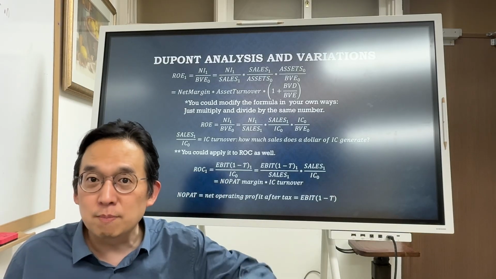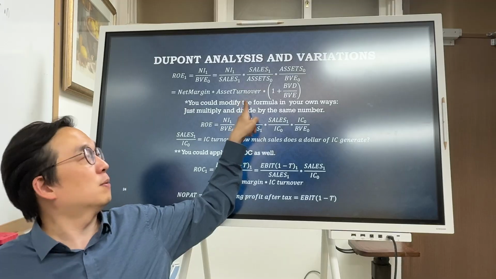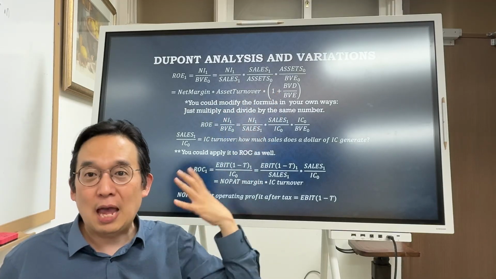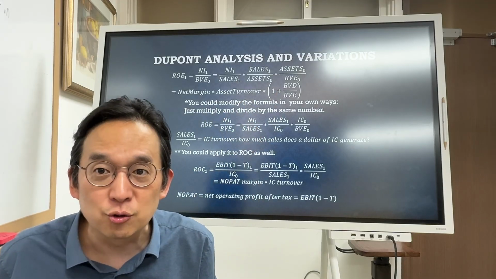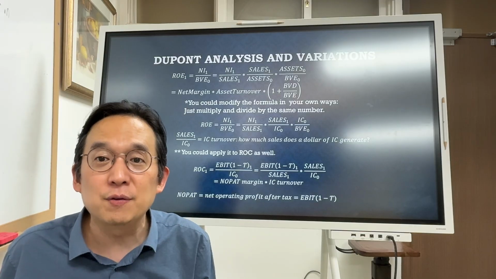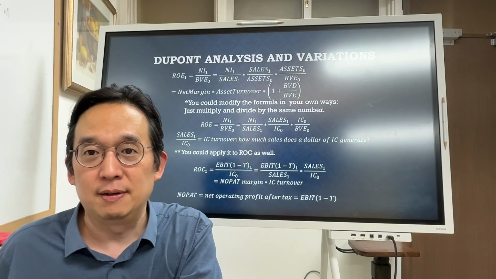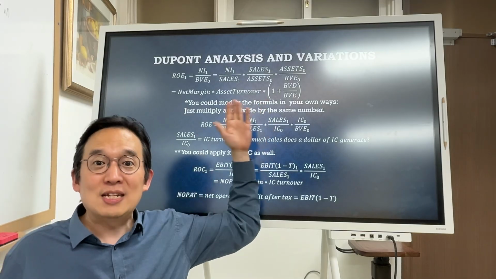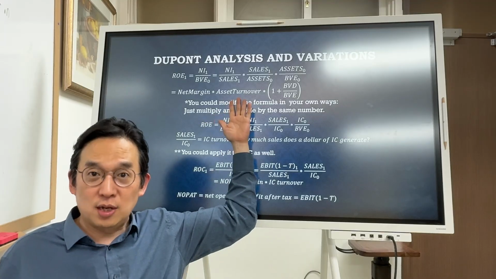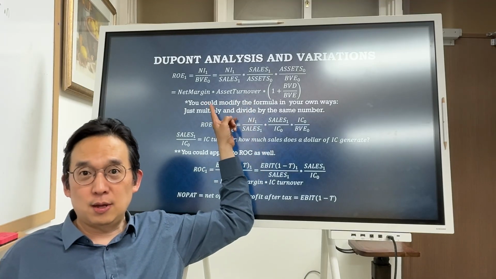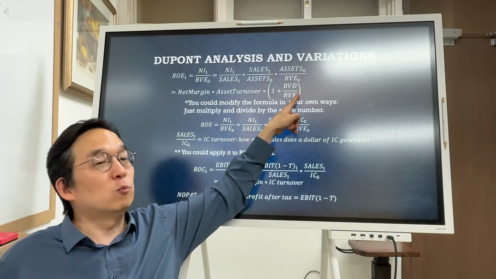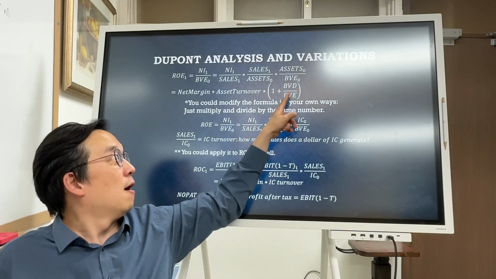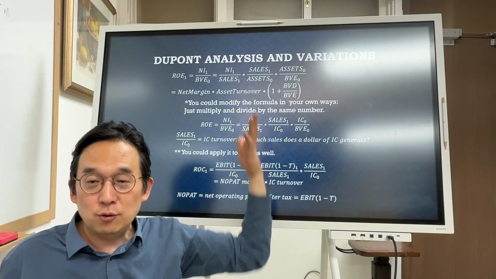For the majority of the companies, what matters is the asset turnover. Efficiency. How diligently do you work for a given dollar of asset that you got, right? Asset turnover. If it is high, it is more sustainable. Very, very important. And then what about this 1 + leverage ratio, book value of debt over equity?